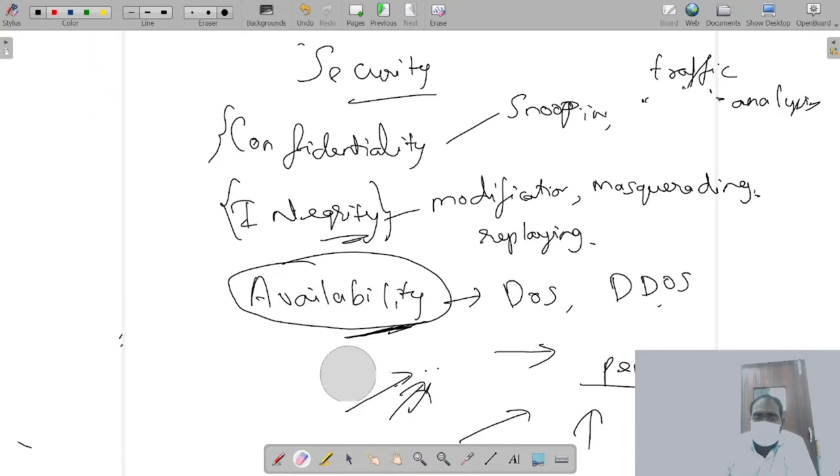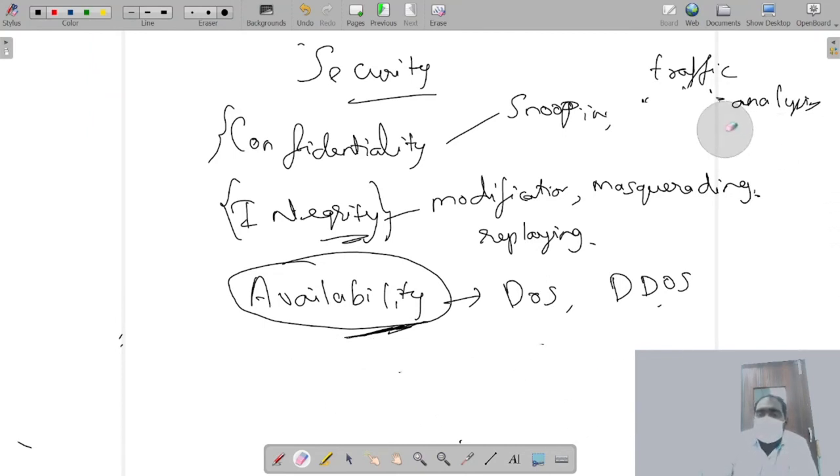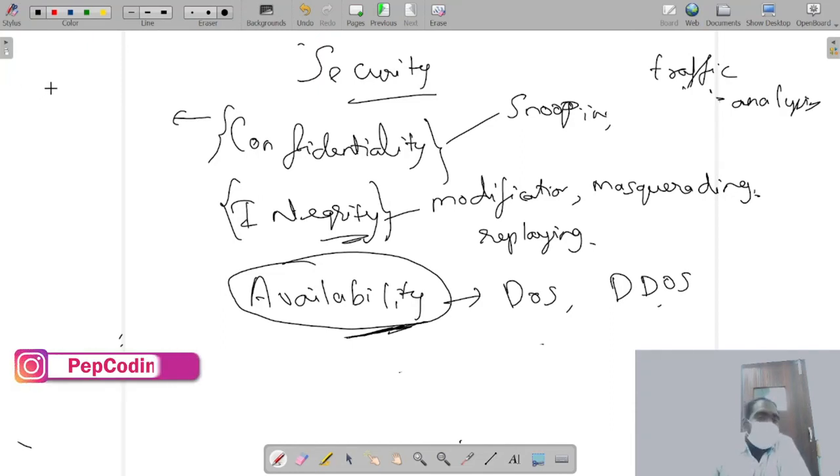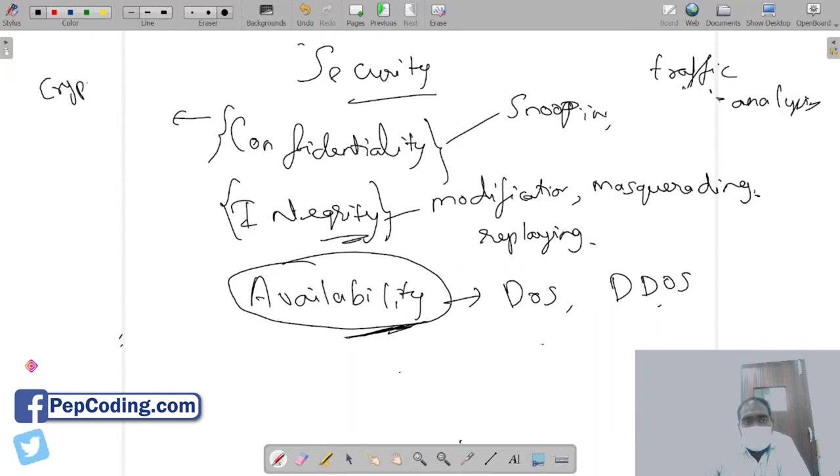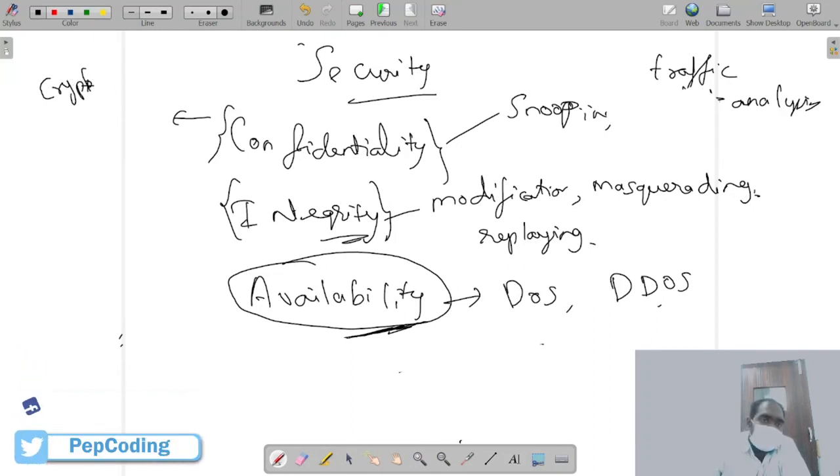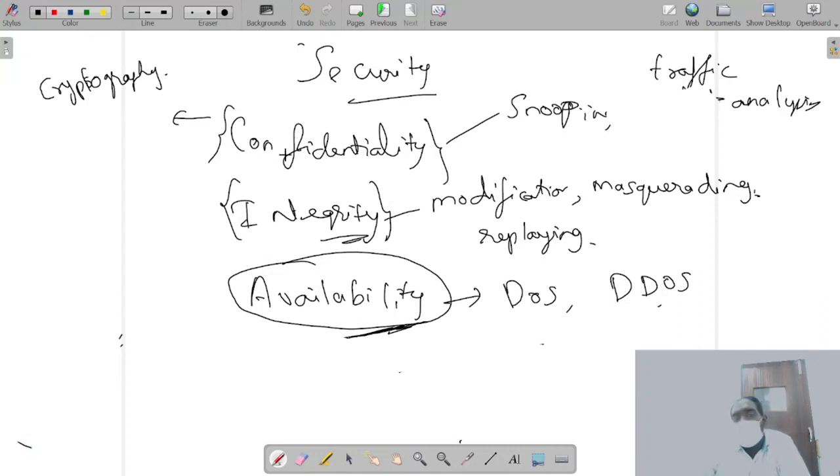So how can we solve these issues? For confidentiality, we can solve it by using something called encryption or cryptography. We'll see how encryption is done.